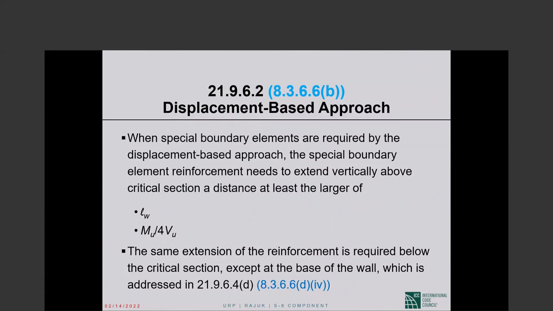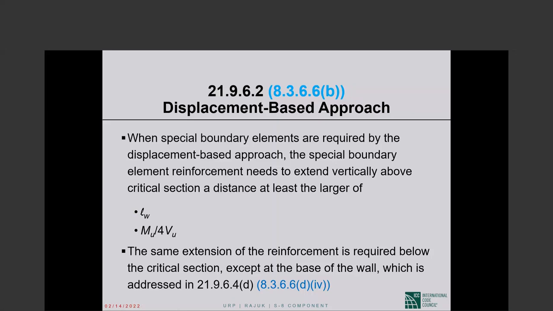Now, when special boundary elements are required by that criterion, over what height of the shear wall do we provide special confinement? Obviously, we started at the base, but then where can we discontinue it? The special confinement must continue for a height equal to the length of the shear wall.